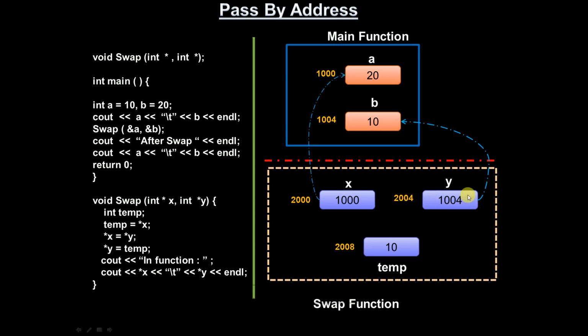Value present in this memory location is 10. So like this, whatever modifications you are doing in the swap function are directly affecting the main function variables also. That's the reason when you are using pointer variables, you have to be a little careful. You have to keep in mind that whatever modifications you make through these pointer variables will directly affect the original values also.